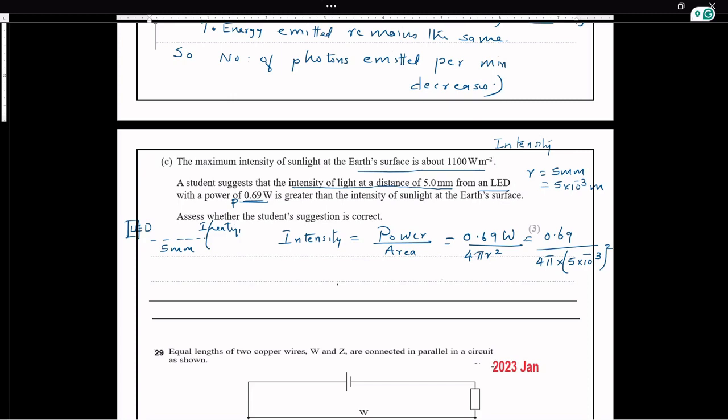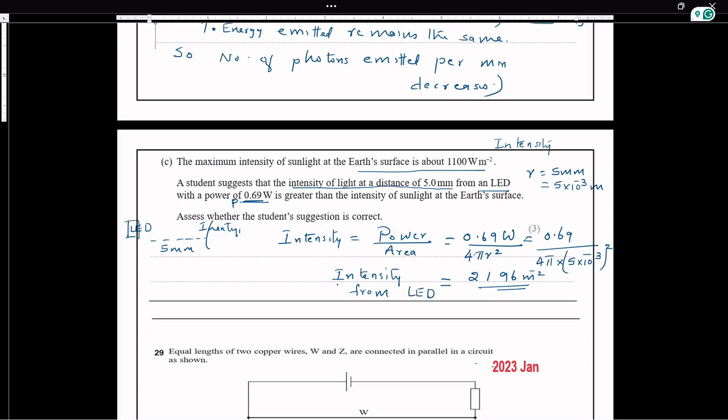And on calculating altogether, it is giving an answer of 2196 per meter square. This is the intensity we are getting, the intensity of light falling from the LED.